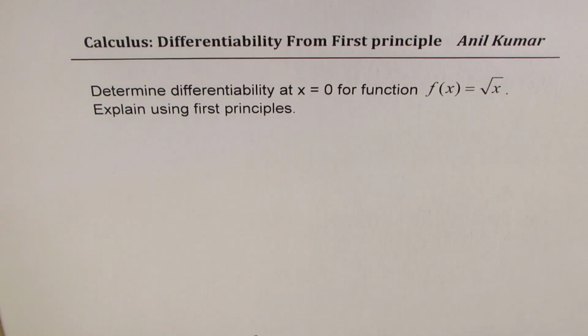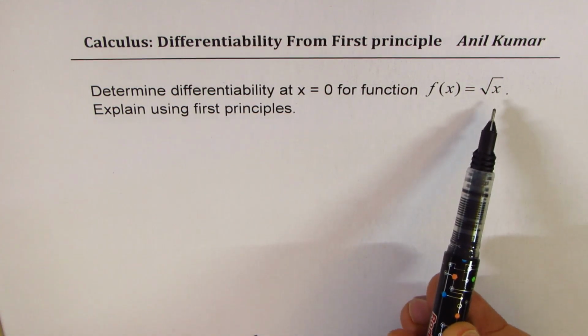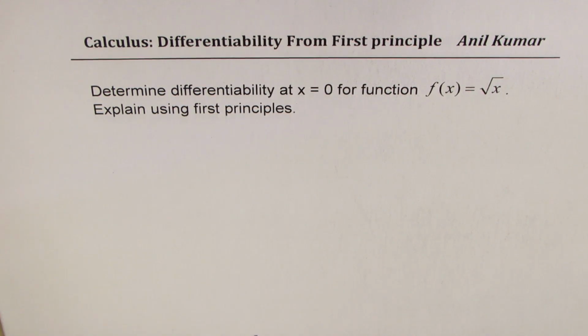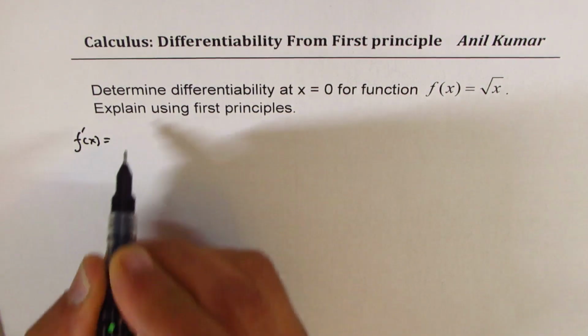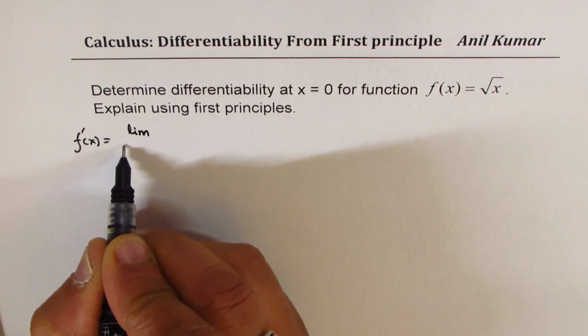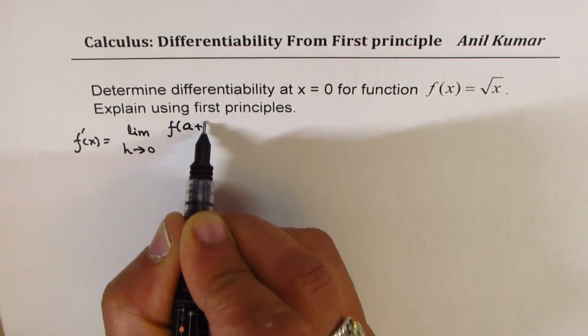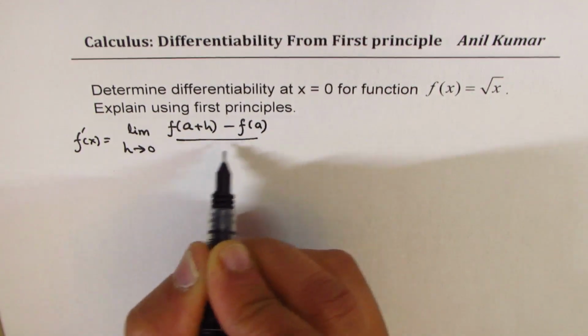Now let us determine differentiability at x equals to 0 for the function f of x equals to square root x. I'm going to explain it using the first principle. When I say first principle, it really means that we could write the derivative of a function as limit h approaching 0 of f of a plus h minus f of a over h.